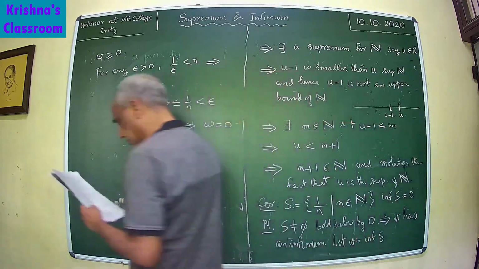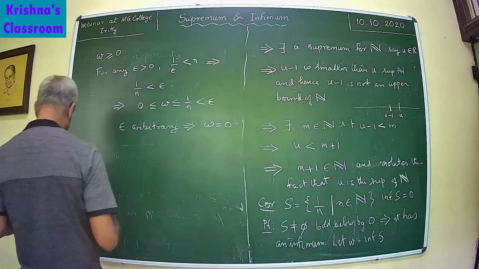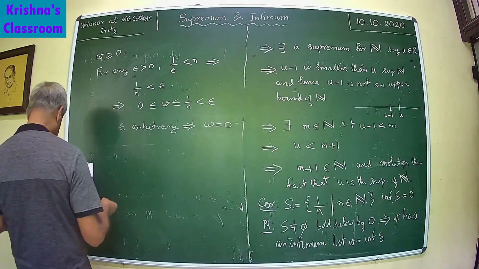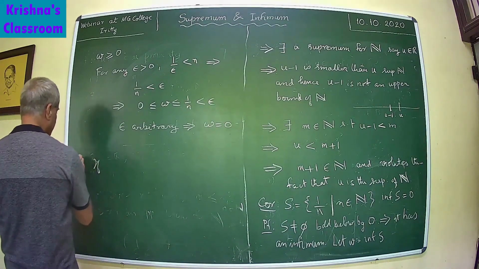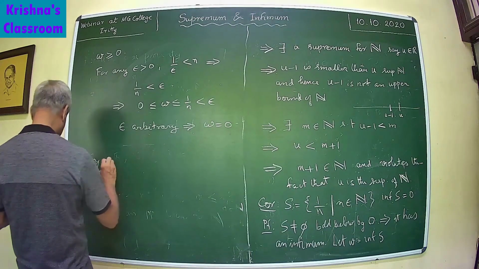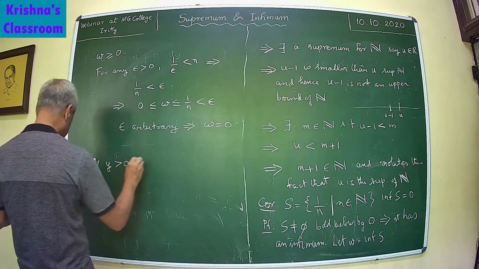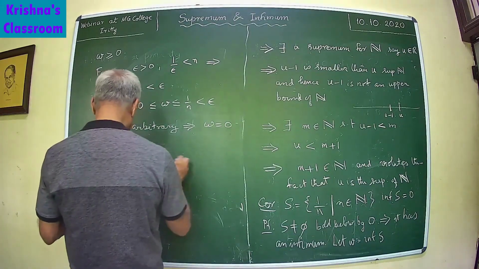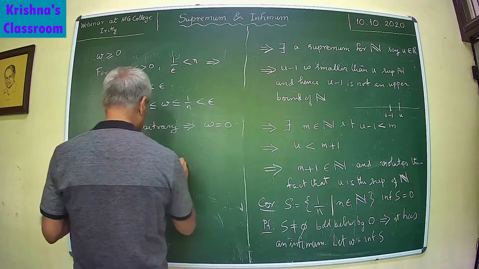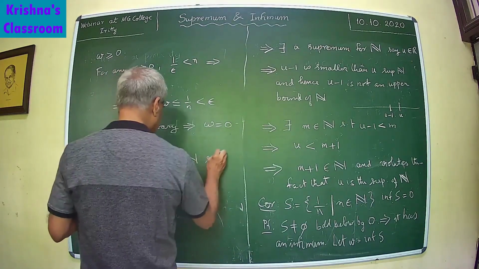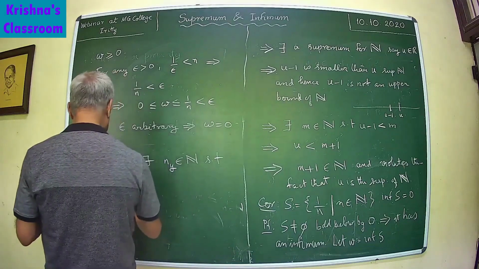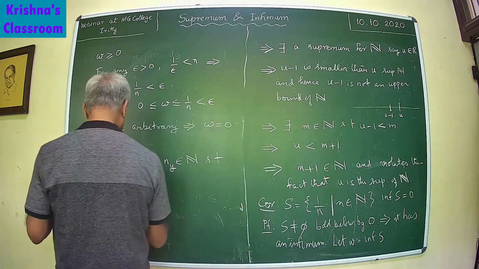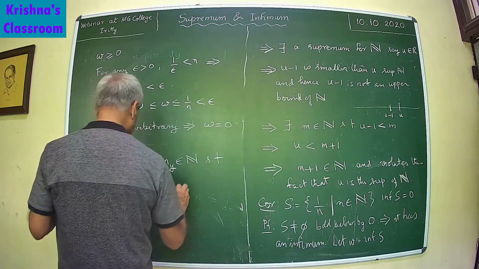Okay, one more result that you can prove is the following. If y is positive, then there exists n_y, an integer belonging to N, such that n_y minus 1 is less than or equal to y less than n_y.